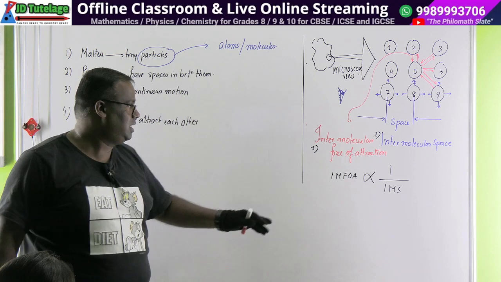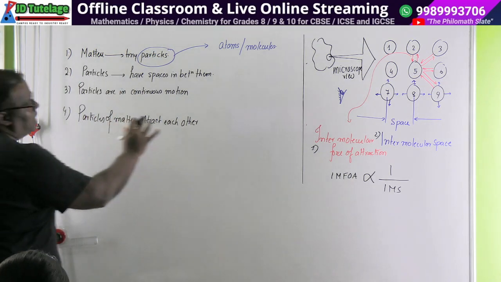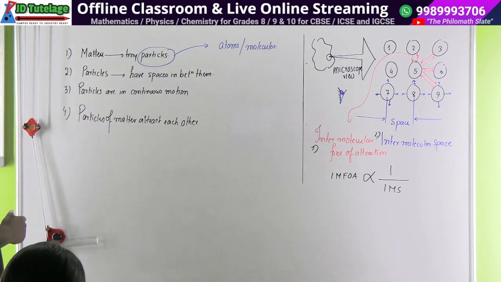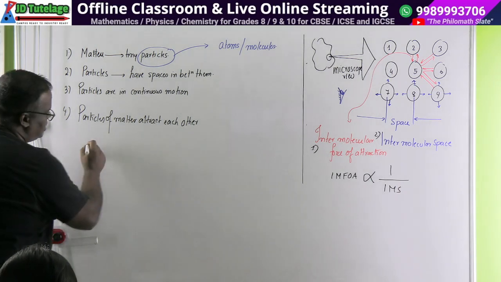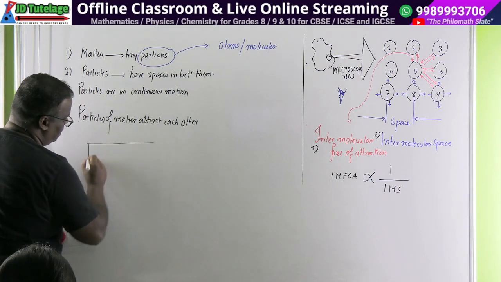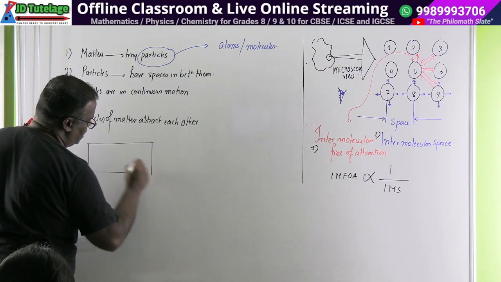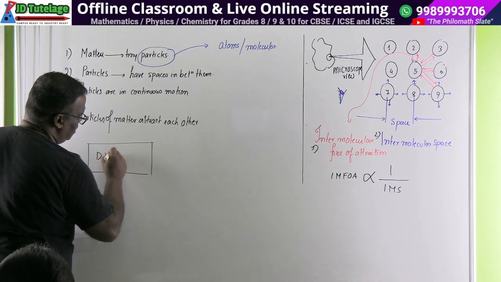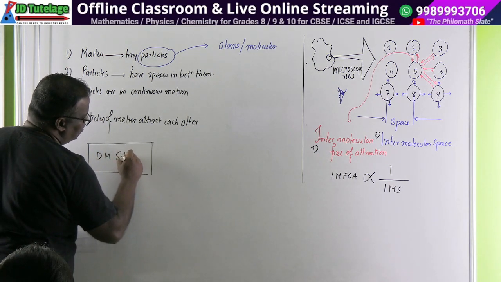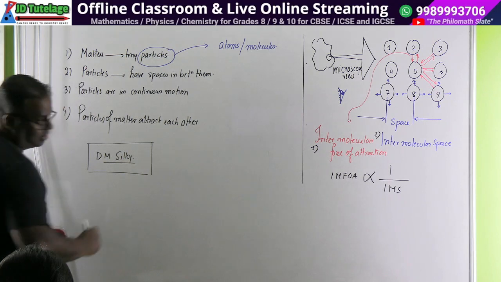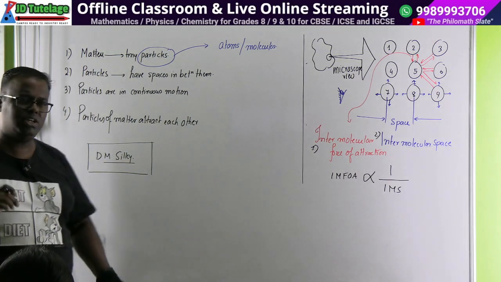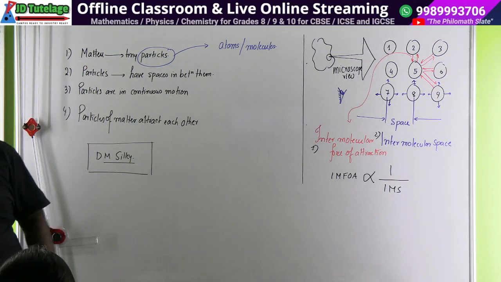Okay. Let's talk about how the particles of matter attract each other. Let's try to understand this concept also. Let me say that this is a bar of Dairy Milk, silky or bubbly, whatever you take, the fat bar. Got it? Refrigerate it properly and make it hard.